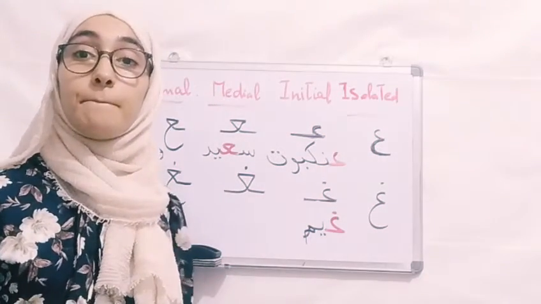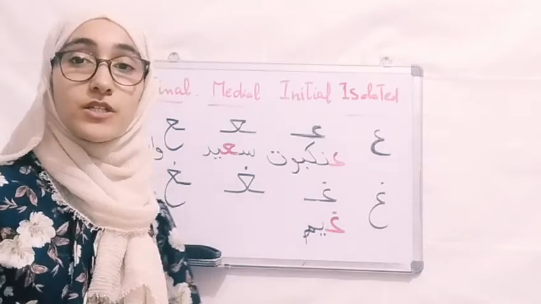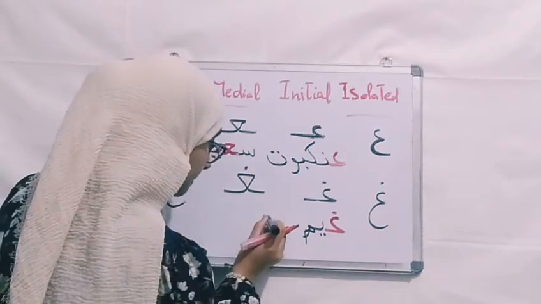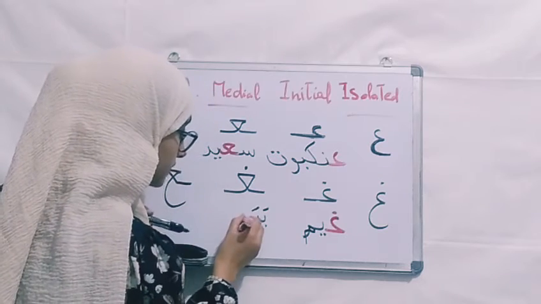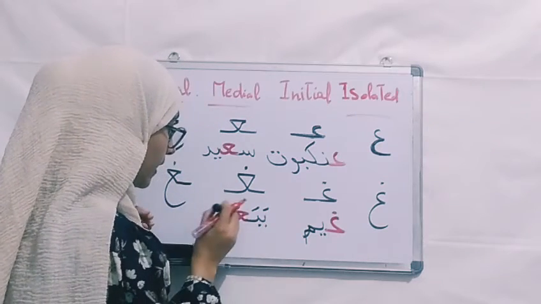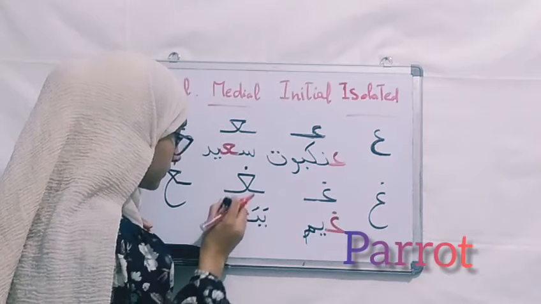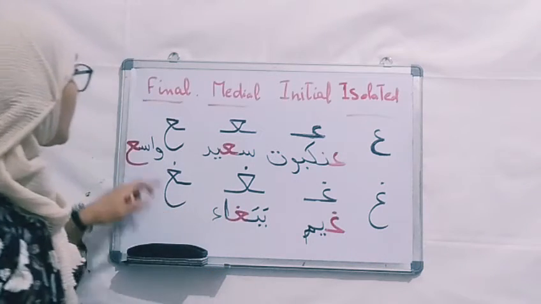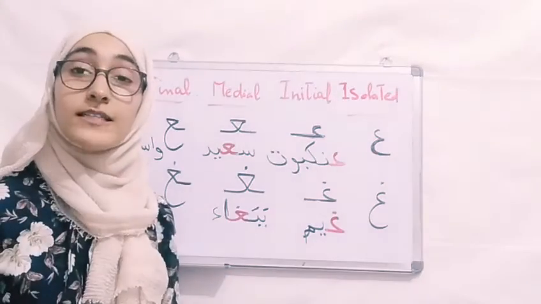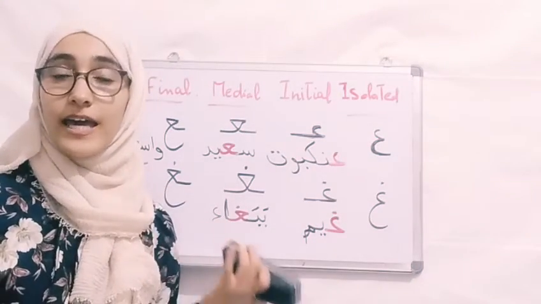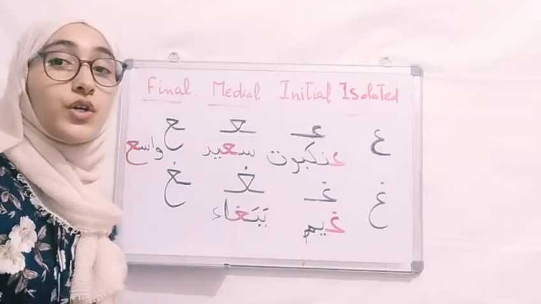Babagha means a parrot. And in the final form, for example, we have samgh. Means glue.